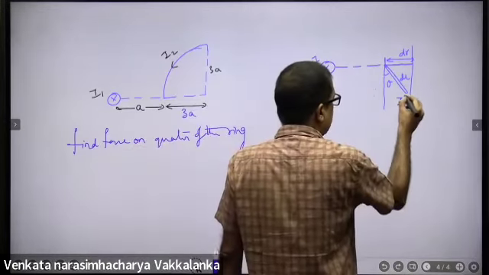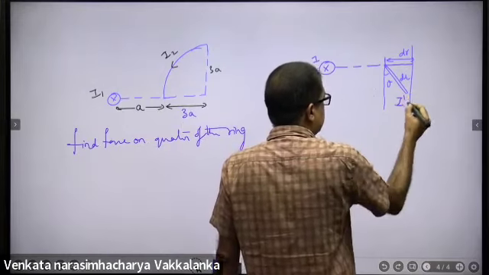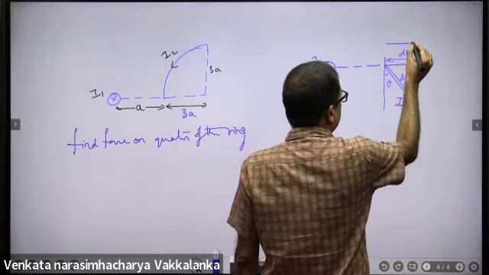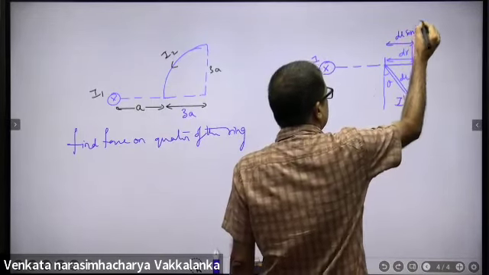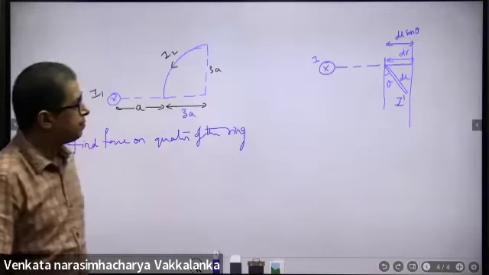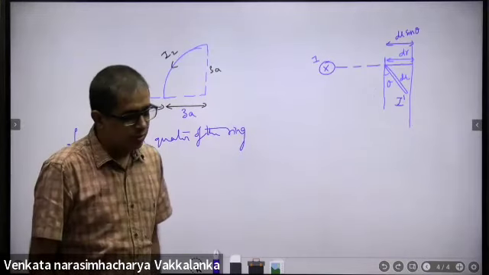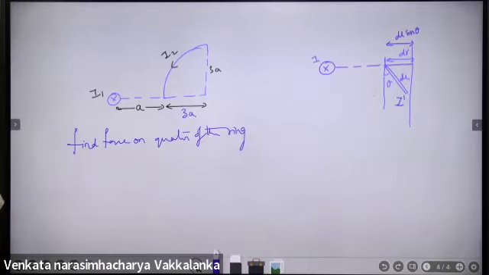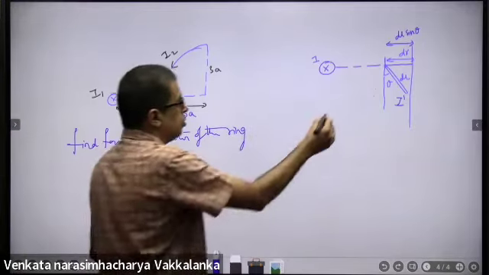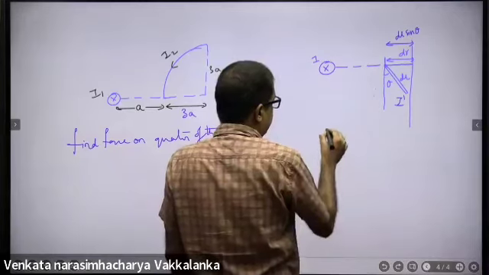This is I dash, the current in this element, and what will dr be? This distance will be dl sine theta. Do you agree with that? Yes, sir. Now I want the force on this particular element, df.